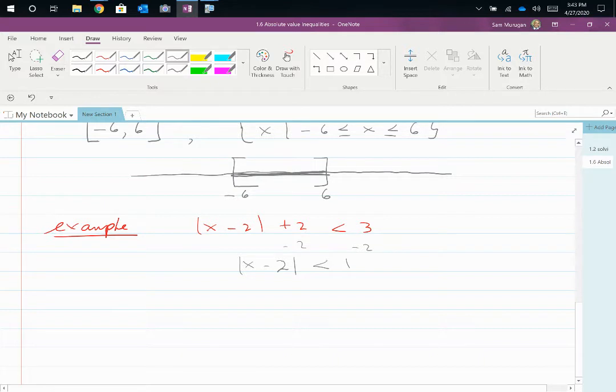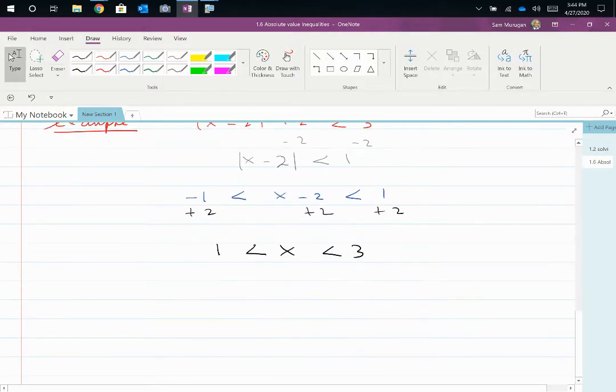And then we do the setup based on the theorem. So -1 less than x minus 2 less than +1. Notice that to isolate x here, we have to add 2. And we do that to all 3 parts. This gives us -1 plus 2 is +1 less than x less than 3. So x is a number between 1 and 3.